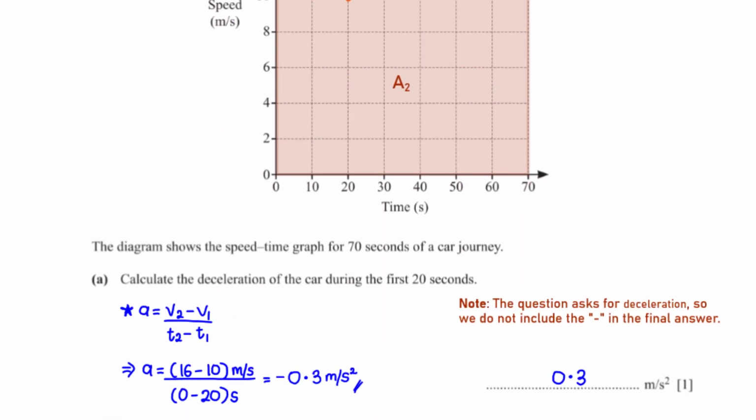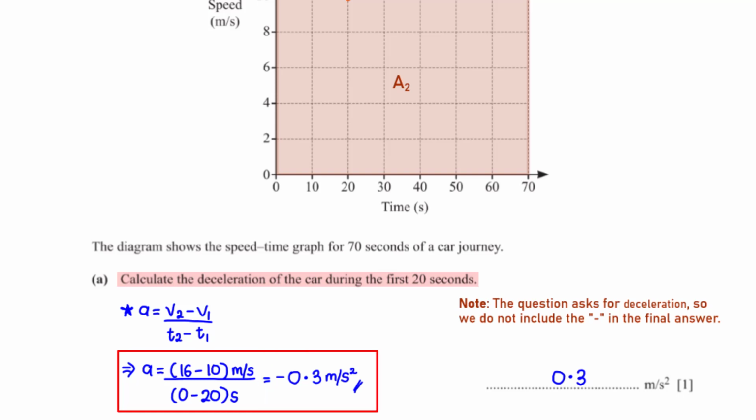The diagram shows the speed time graph for 70 seconds of a car journey. Calculate the deceleration of the car during the first 20 seconds. The slope of a speed time graph gives us acceleration. For the first 20 seconds, we have a equals (16 minus 10) meters per second divided by (0 minus 20) seconds, which is equal to negative 0.3 meters per second squared.